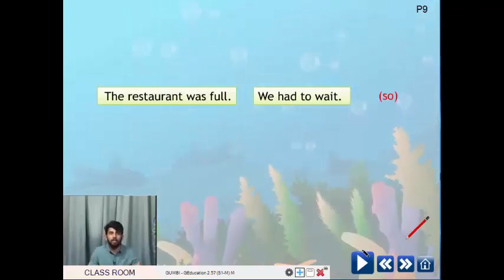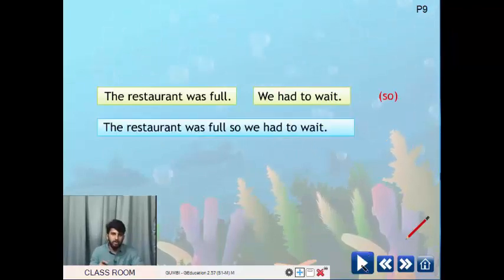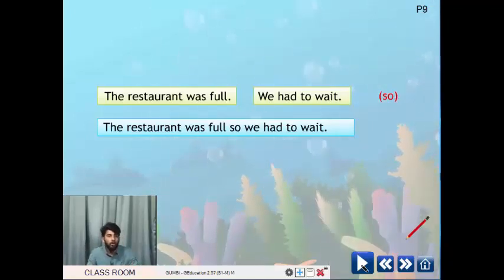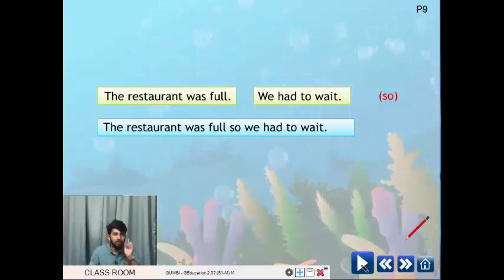So how will we do that? The restaurant was full, so we had to wait. So this is how you could combine two simple sentences together into one single sentence.